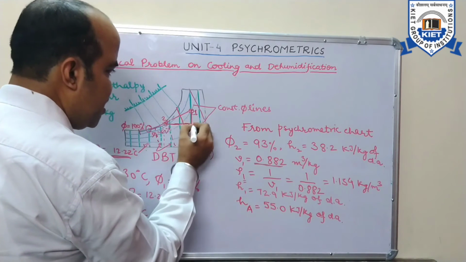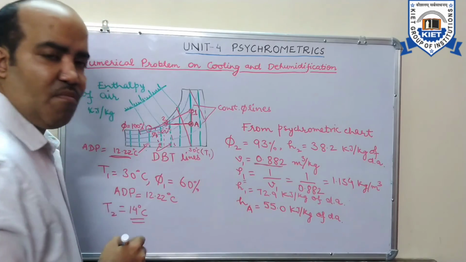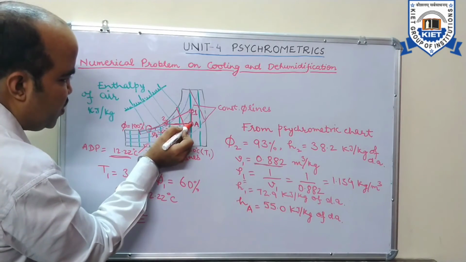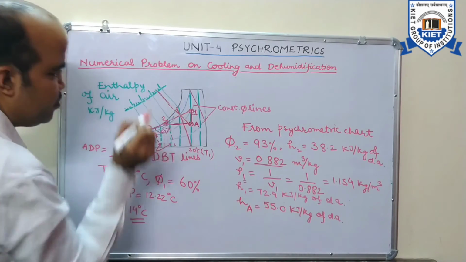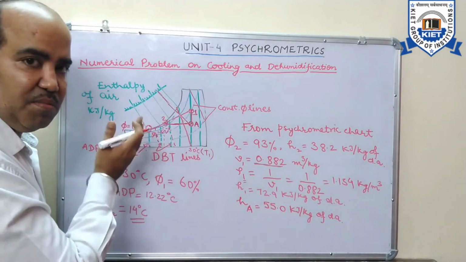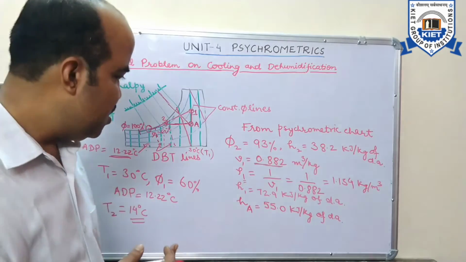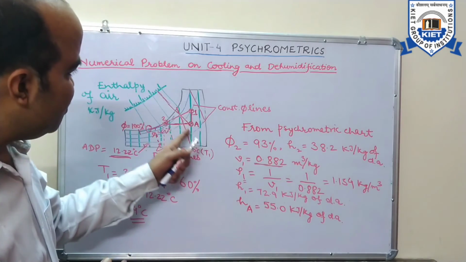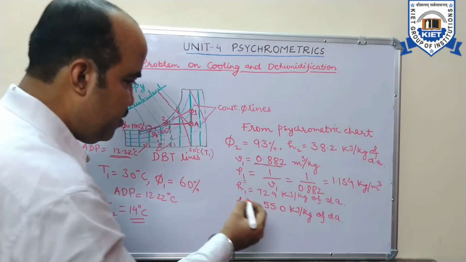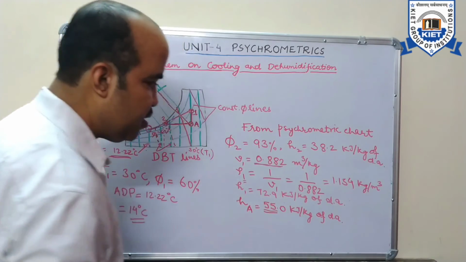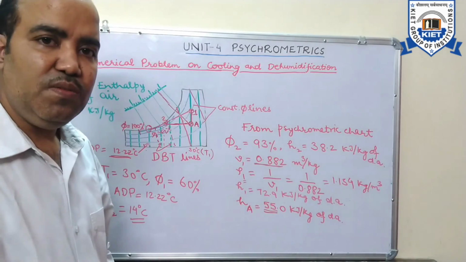The intersection of these will give us point number A. We have to find out the enthalpy at point number A using the psychrometric chart, because this will help us in calculating the sensible heat factor. If I note down the value of enthalpy at point number A, I will find that it is equal to 55.0 kilojoule per kg of dry air.